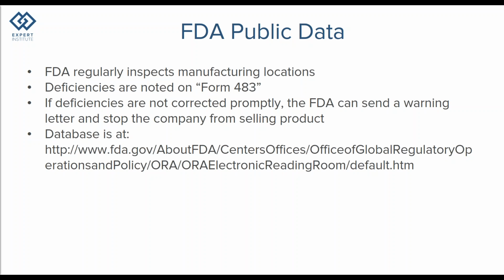What you want to look for is a thing called the Form 483, and the difference between data on a Form 483 and data that you would just find in a medical adverse event report in MAUDE is that Form 483 is filled out by a trained FDA inspector.